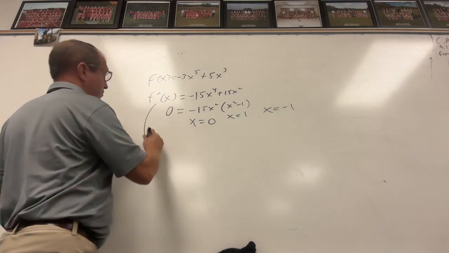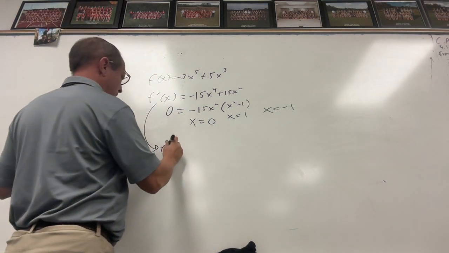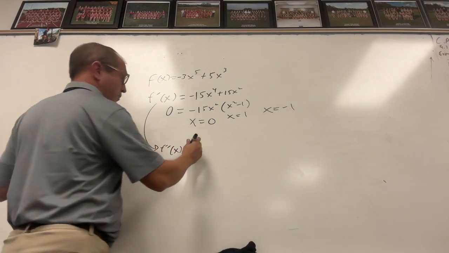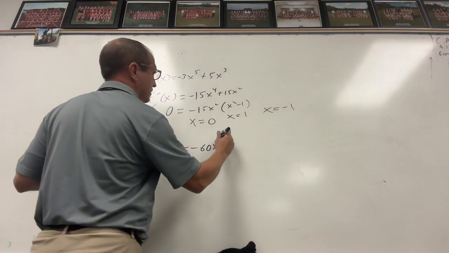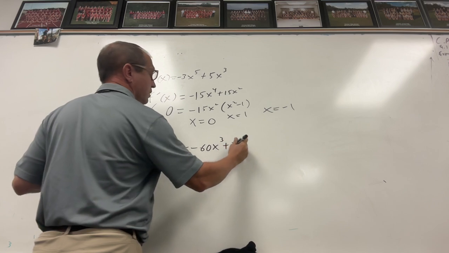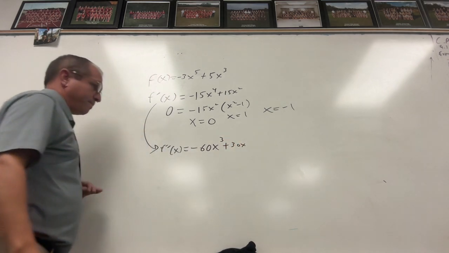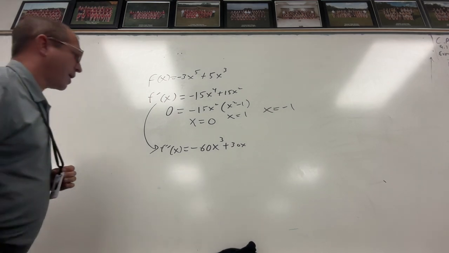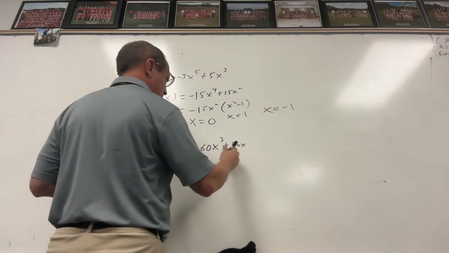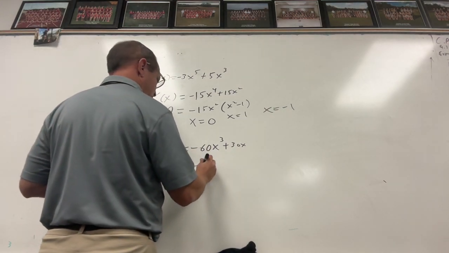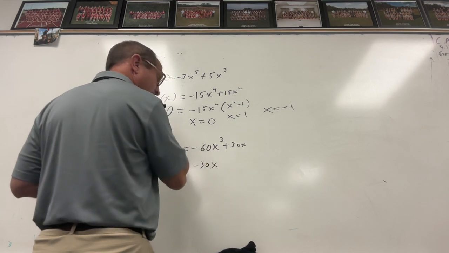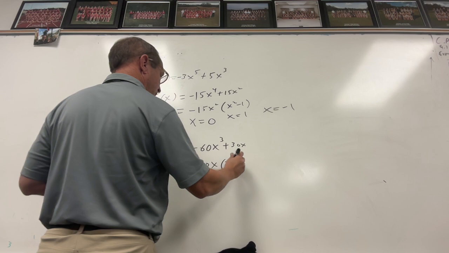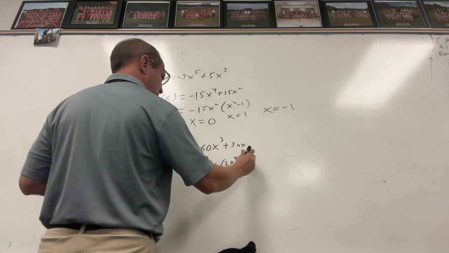So now let's jump into f double prime of x, which would be negative 60x cubed plus 30x. All right, so I'm going to factor out a negative 30x, and I'll be left with 2x squared minus 1.